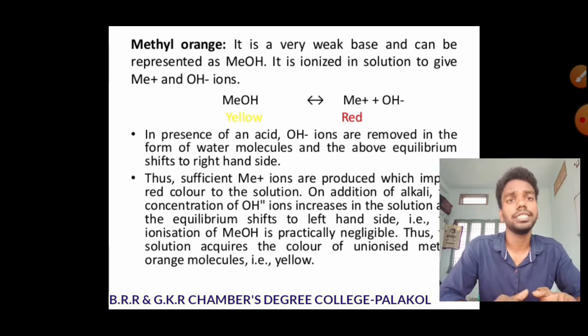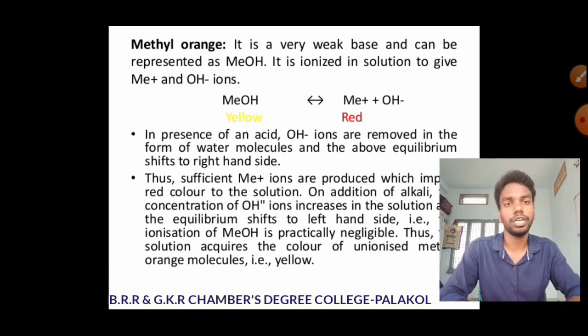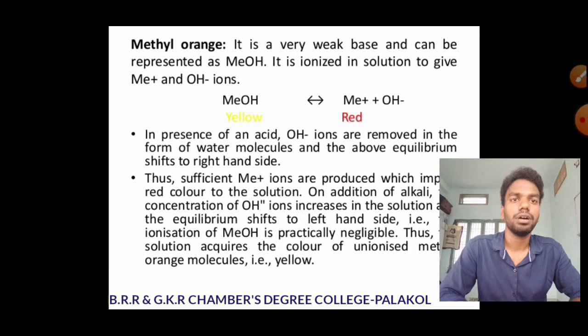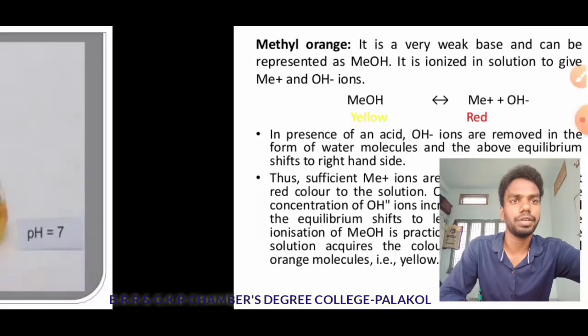Now in basic medium we have Na plus and OH minus ions, so the strength of OH minus ions increases, the reaction goes towards the left side, so it shows yellow color. So that's the reason methyl orange shows red color in acidic medium and yellow color in basic medium. I hope things are very clear.